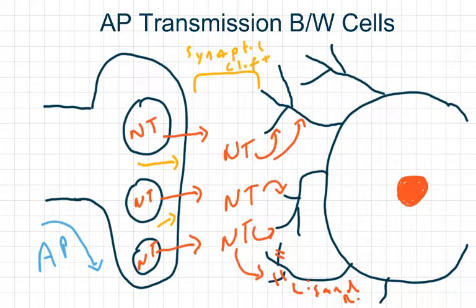And then once you have a certain concentration of these neurotransmitters bonding to their particular receptors, that signal is transmitted through excitatory summations to the trigger zone, and thus another action potential begins. And that's how neuronal cells transmit action potentials from one cell to another.